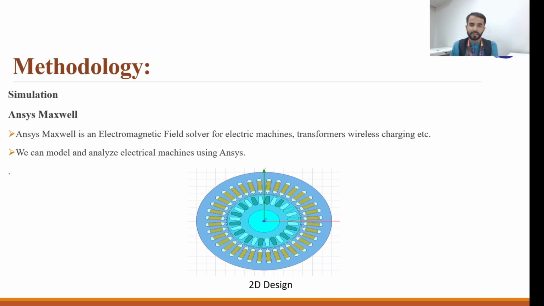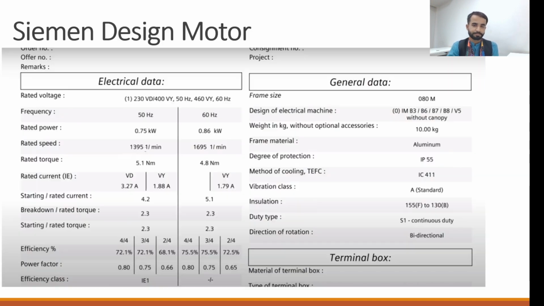All right, here you can see, as it is also mentioned here, ANSYS Maxwell is an electromagnetic field solver for electrical machines. It is a powerful tool, and using this software we can analyze the electrical behavior of electrical machines simply.